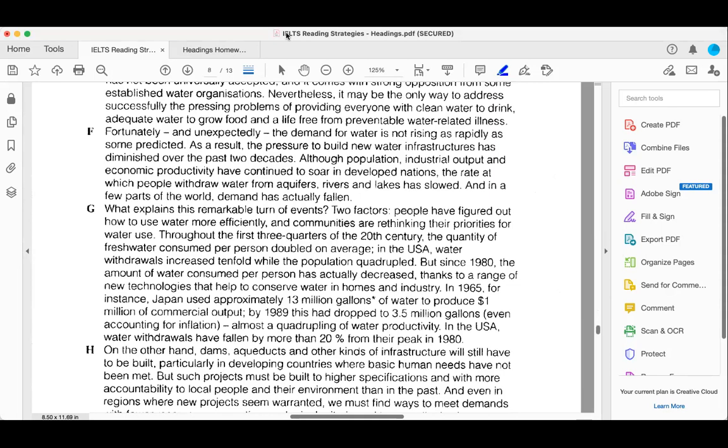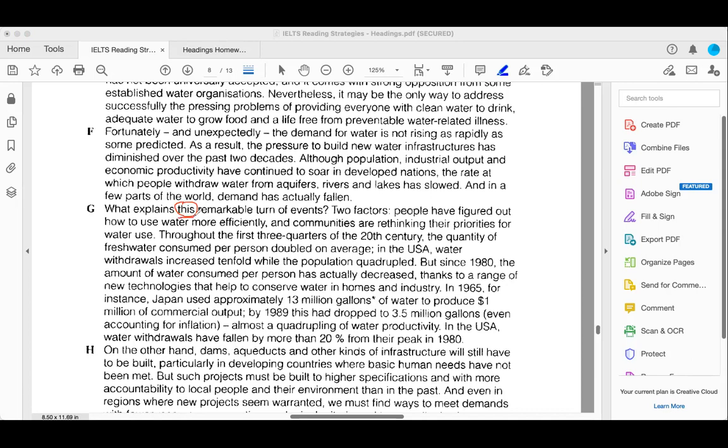In G, this is a reference word. Reference words are extremely useful. You need to use these words in your IELTS writing. They glue sentences and paragraphs together. Reference words replace ideas or words.